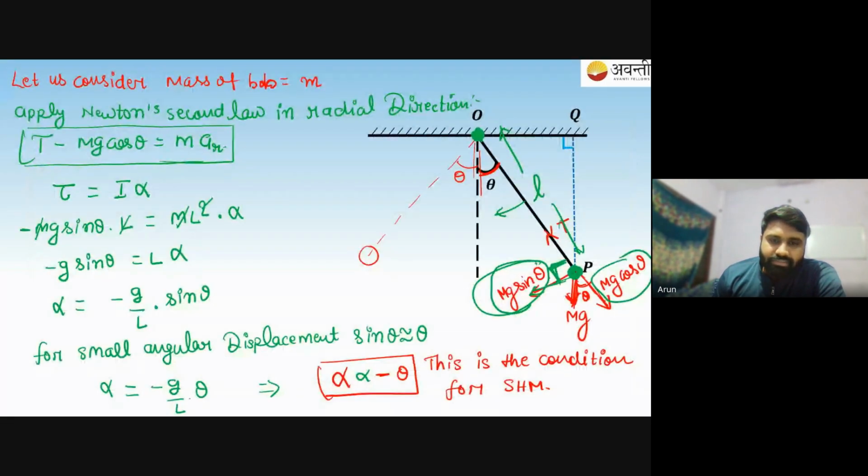So here in this expression, alpha is given by minus g upon L into theta. So we can compare it with alpha is equal to minus omega square theta.